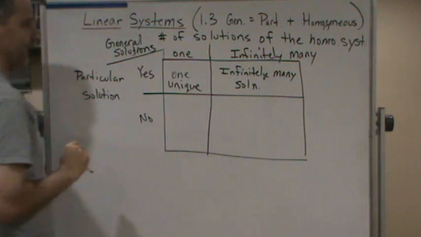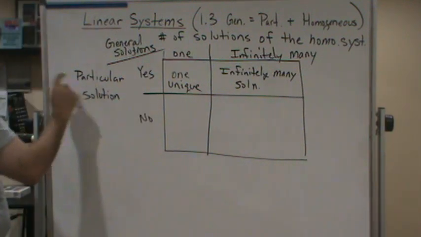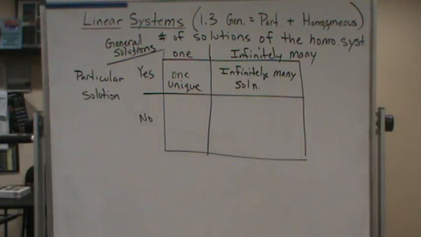If you have infinitely many solutions to the associated homogeneous system, and the particular solution exists, then you're going to have an infinite number of general solutions.